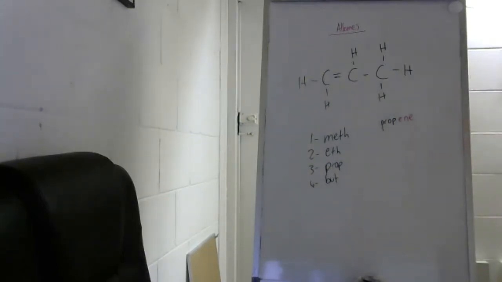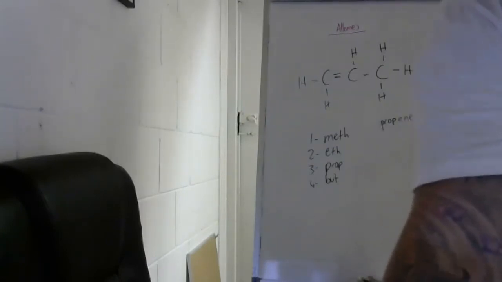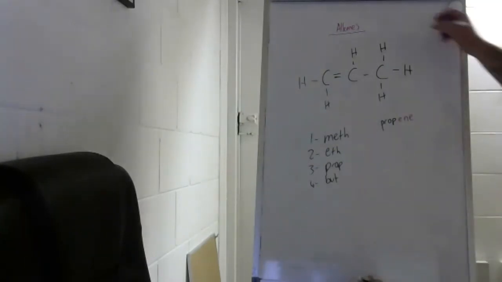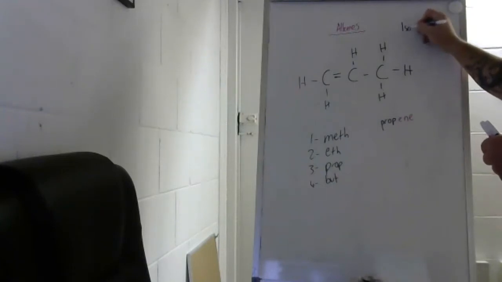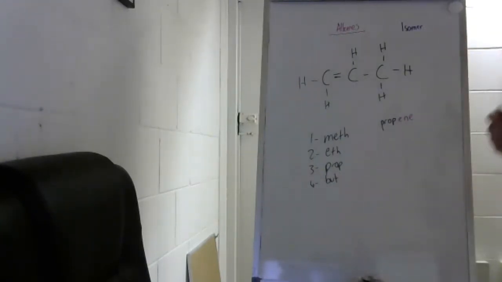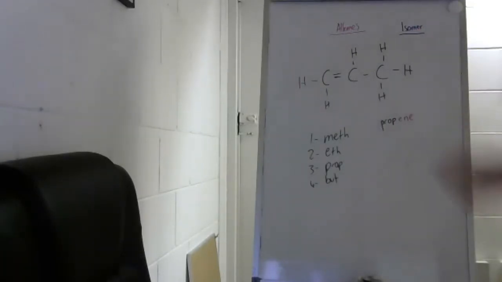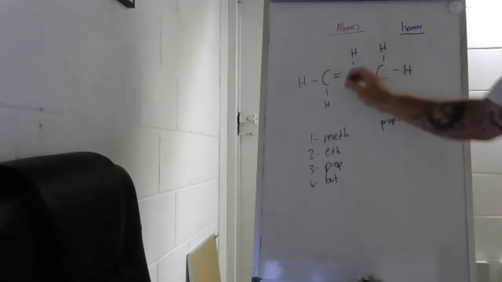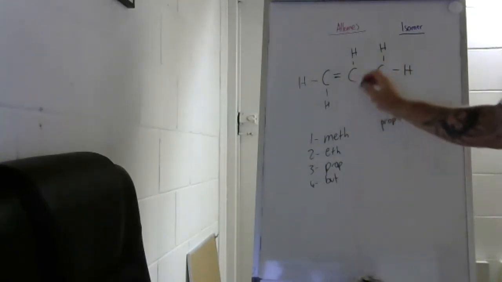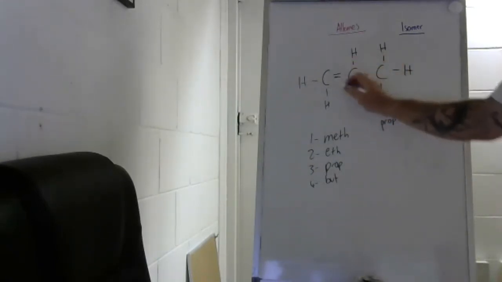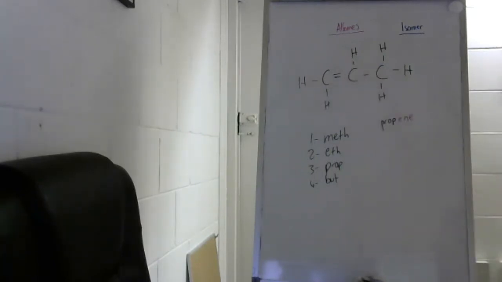Now, I'm changing the way I do this slide, but I'm going to introduce the concept of an isomer here. So if we look at propene, what this name doesn't tell us is where the functional group sits. Here it's on carbon number 1.